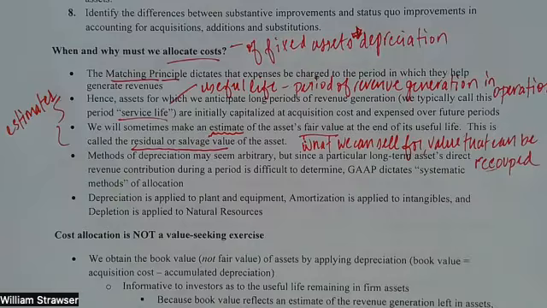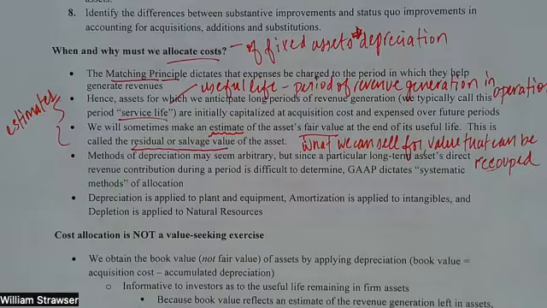There is some arbitrariness to the methods of depreciation. You can use straight line, double declining, or declining balances. You can use units of production or input. You can use sum of the year's digits.